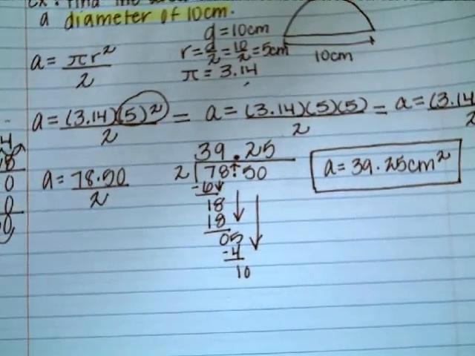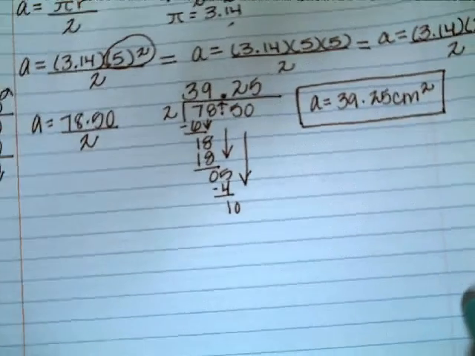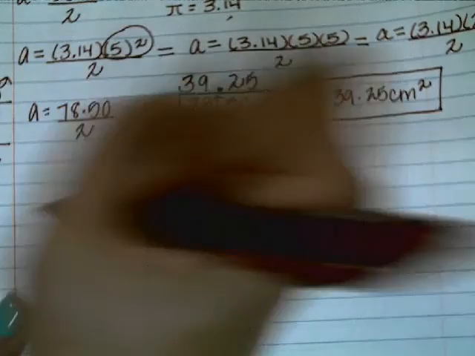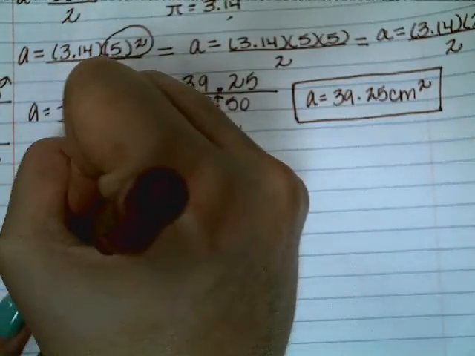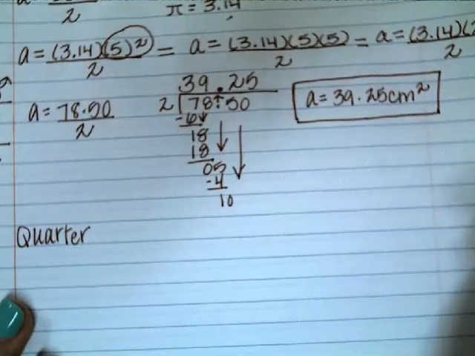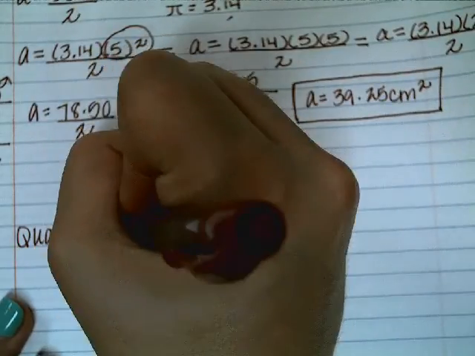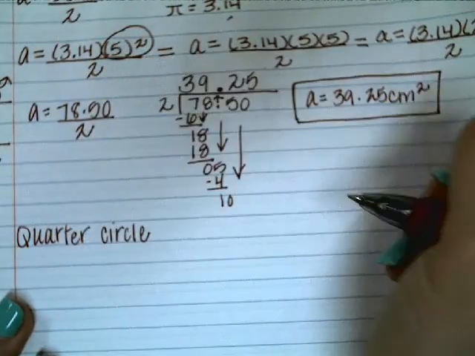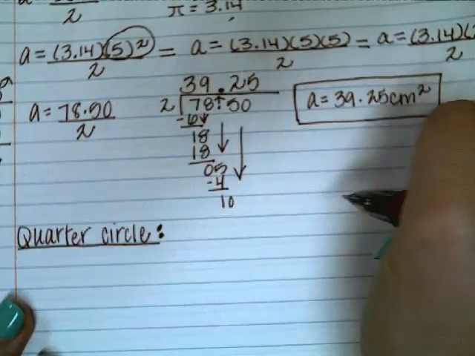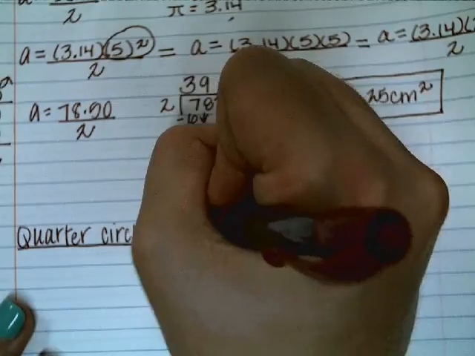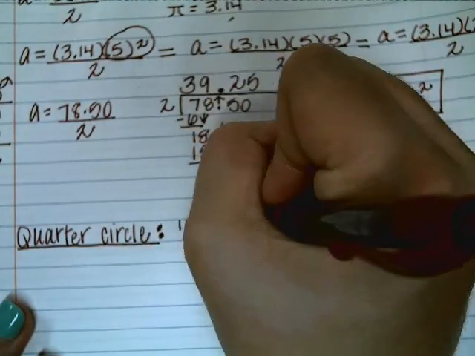All right, now let's talk about a quarter circle. A quarter circle is very similar, but let's talk about quarters. If we had 4 quarters equals 1 whole dollar, 1 quarter would be 1/4 of that dollar. So a quarter circle is 1/4 of a circle.